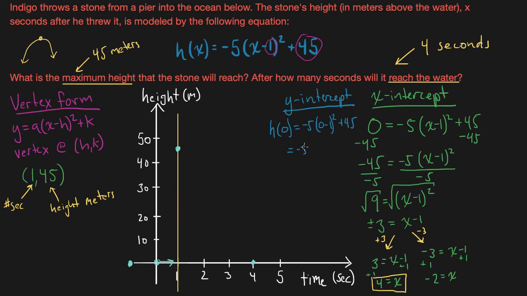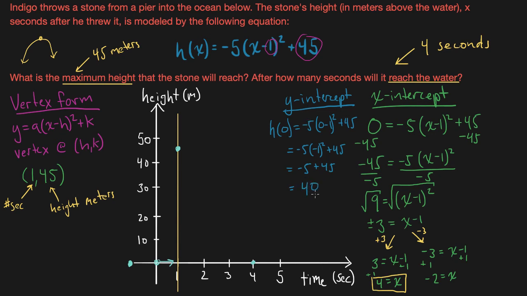So we have -5 times (-1) squared plus 45. And then -1 times -1, or (-1) squared, is +1. And so we're left with just -5 times 1, which is equal to -5, plus 45. And then -5 plus 45 is equal to 40.